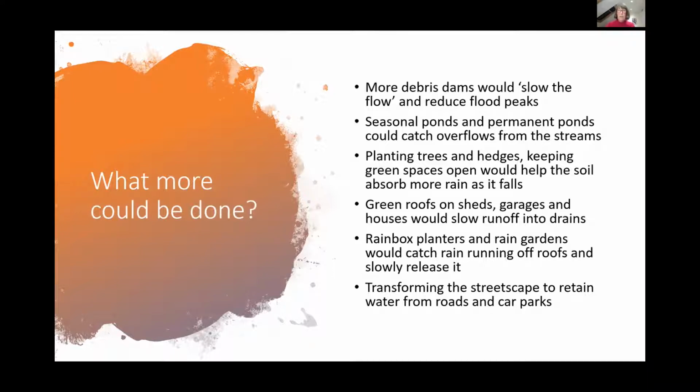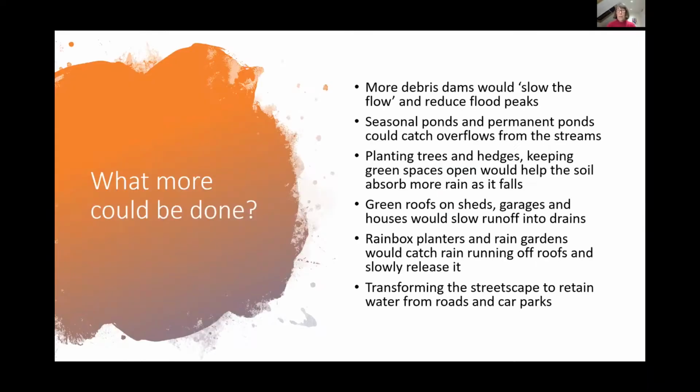Rainbox planters and rain gardens would all catch rain running off roofs and slowly release it. It's about transforming the streetscape to retain water from the roads and the car parks. We can't unmake the roads and car parks, but as they get resurfaced, they could be more permeable than they are. There's a lot that we could do to retain the water and to slow it down from flowing into the streams and from overflowing across the roads.